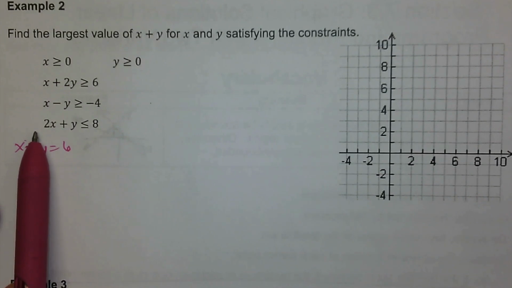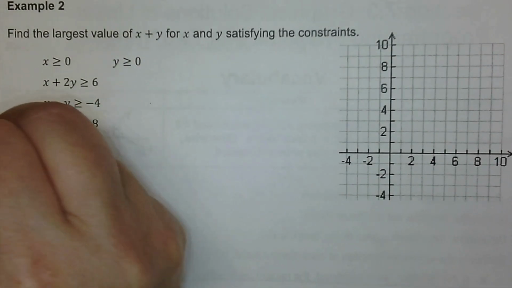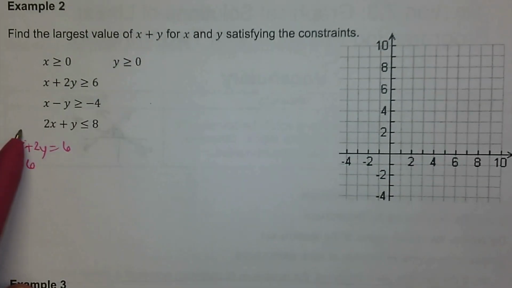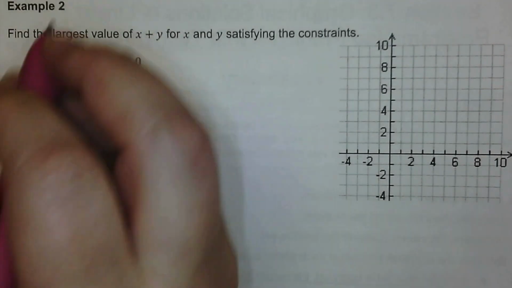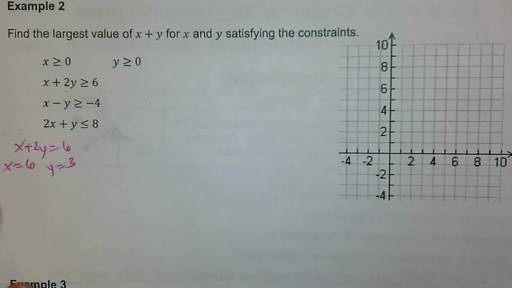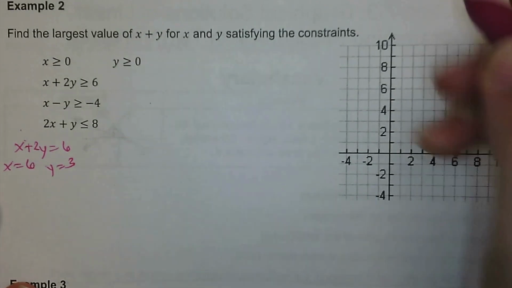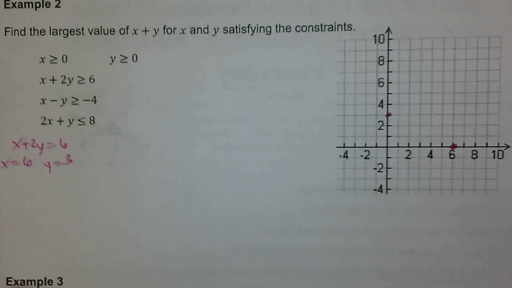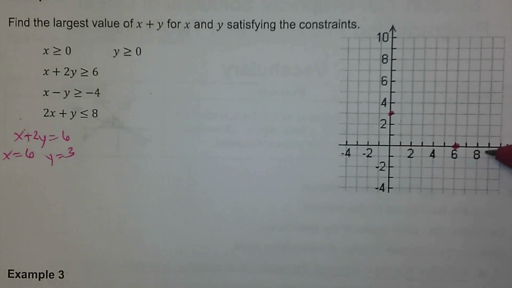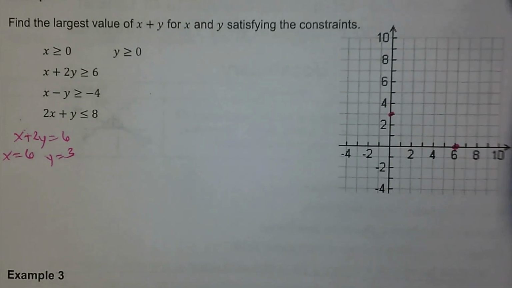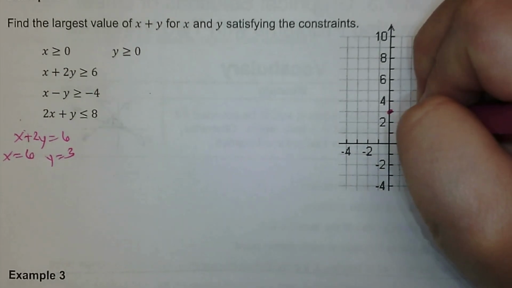Using the cover-up method, we get an x-intercept of 6, a y-intercept 2y equals 6, so y equals 3. X is 6, y is 3. The slope here is down 3 over 6, so that's negative 1/2.